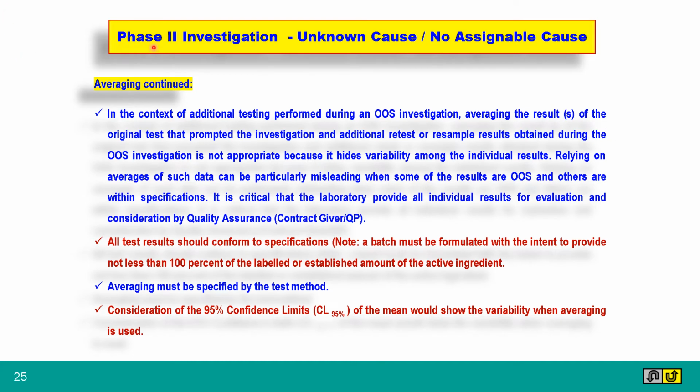Phase 2 investigation, unknown cause/no assignable cause. Averaging continued. In the context of additional testing performed during an OOS investigation, averaging the results of the original test that prompted the investigation and additional retest or resample results obtained during the OOS investigation is not appropriate, because it hides variability among the individual results.